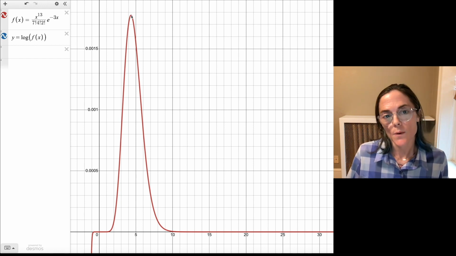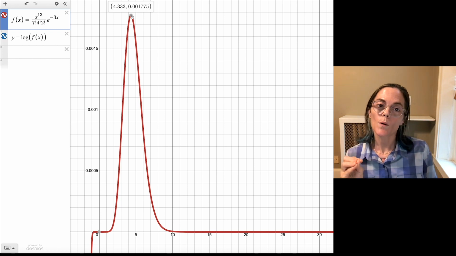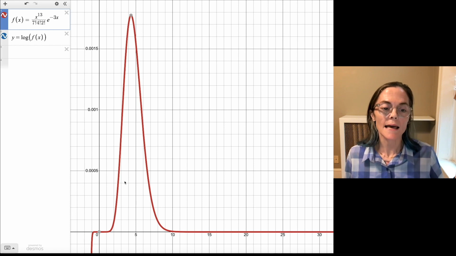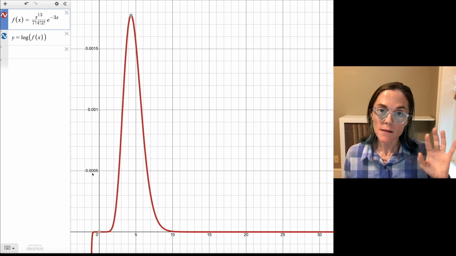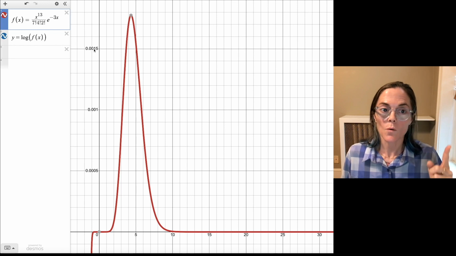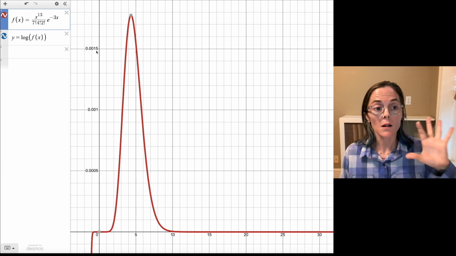In fact, Desmos tells us it happens at lambda equals 4.333. Look at the y-axis. Do you see how small these numbers are? 0.00005, 0.0001, 0.00015. This is a very, very small y-axis.